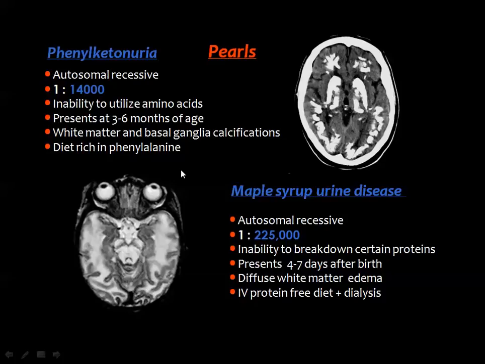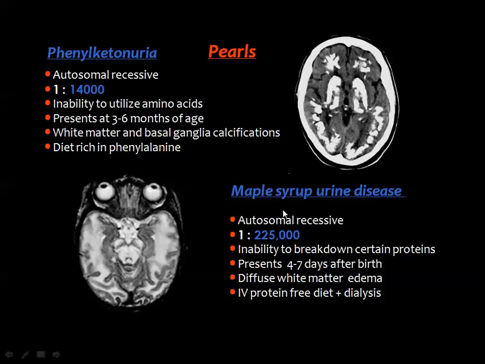The treatment is a diet low in phenylalanine, which is not synthesized inside the human body but is obtained from the external diet. And the diet should be rich in fruits and vegetables, and you avoid the proteins in this diet.